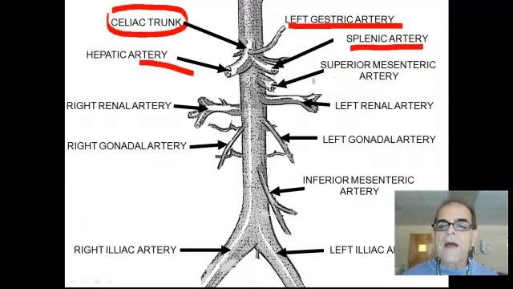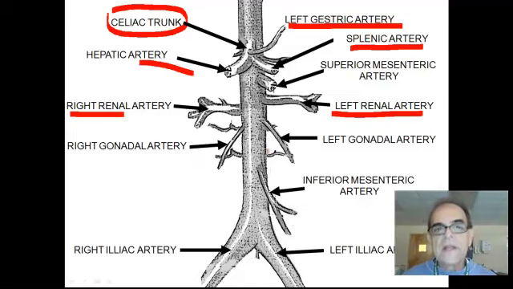The second branch is the superior mesenteric artery. It's easy to detect with ultrasound because the walls are hyperechoic. Other important arteries that are inferior to the superior mesenteric artery are the right renal artery and the left renal artery.